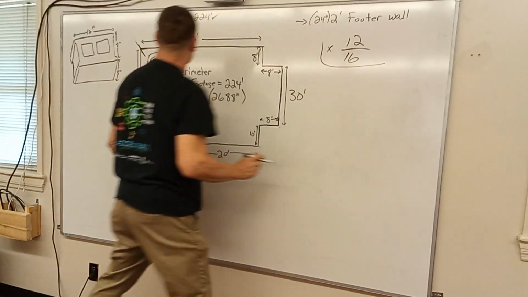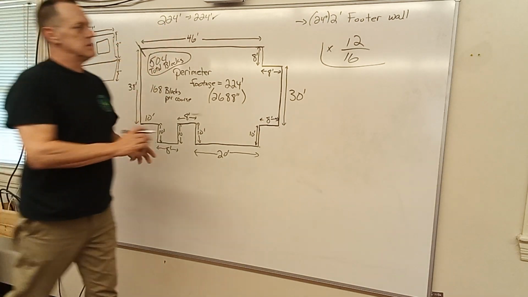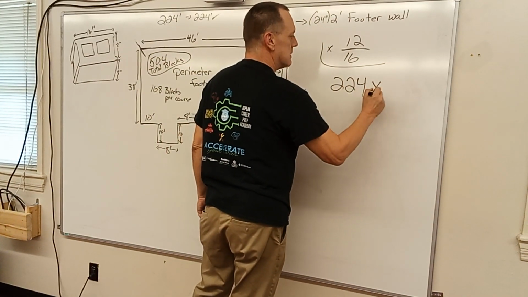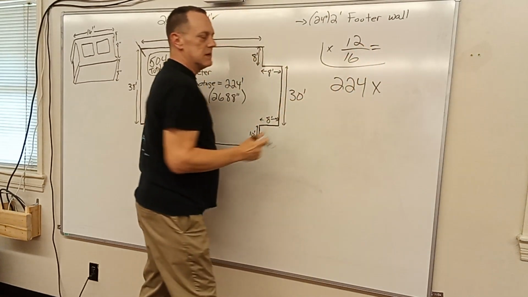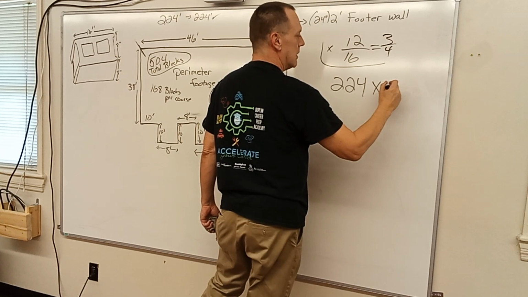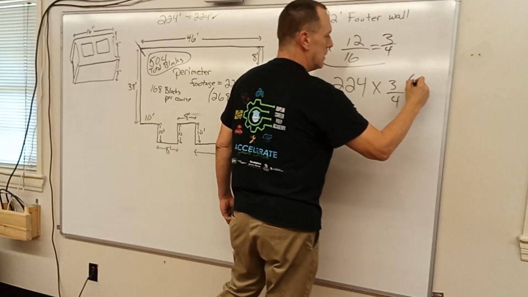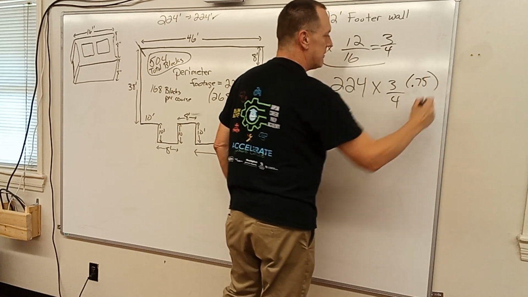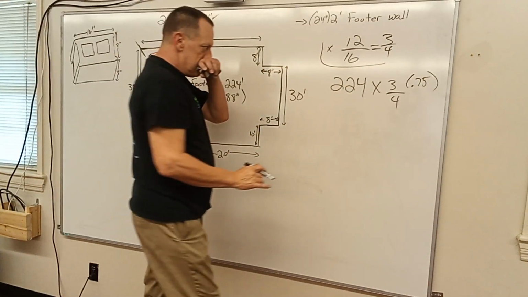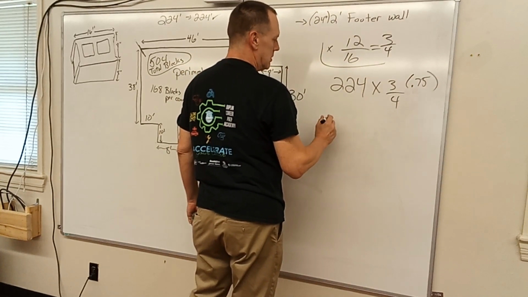So that shortcut that you could use, remember, is you could have taken that footage first, 224, times, what is 12/16 reduced to? 3/4, right? 3/4, or 0.75, okay? And then 224 times 3/4.